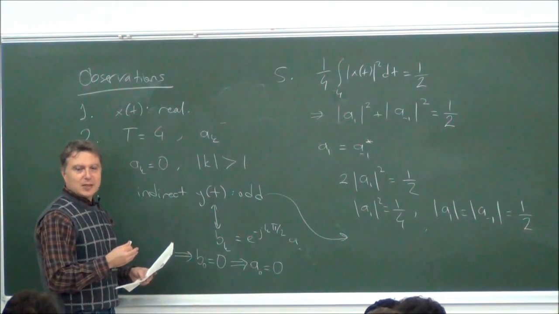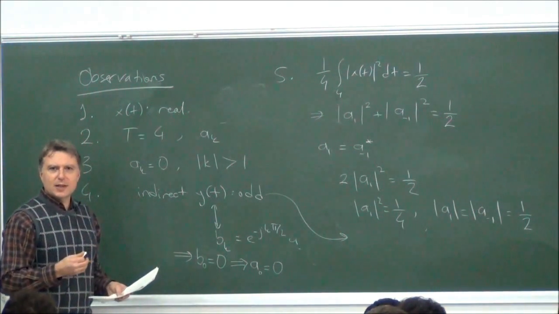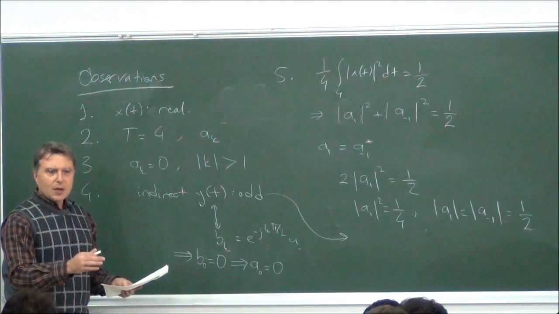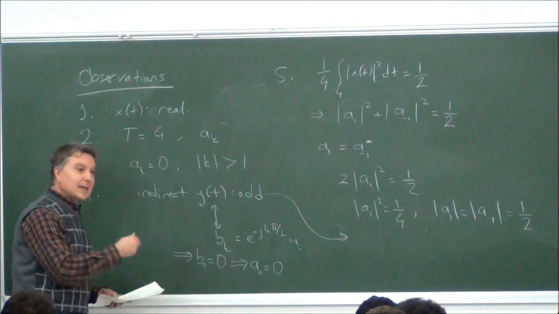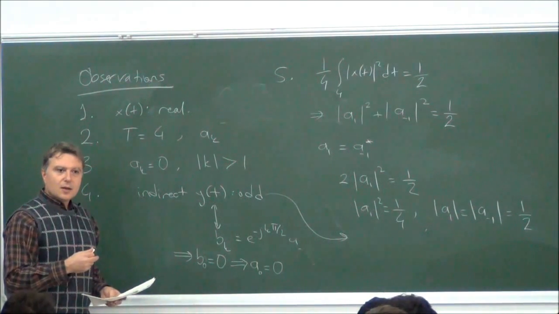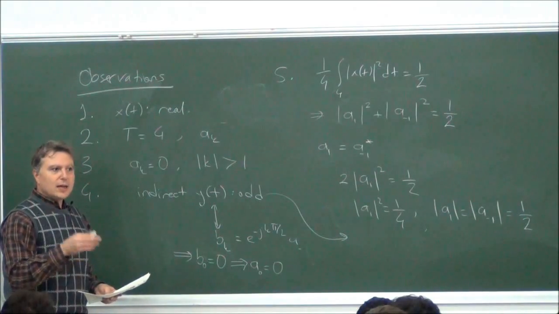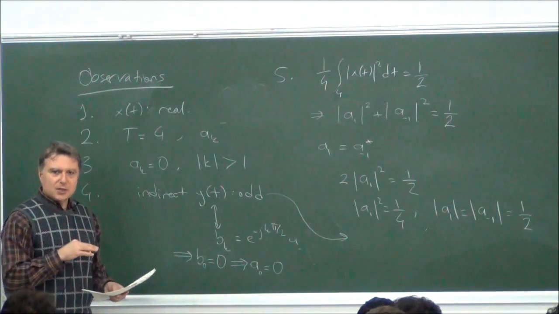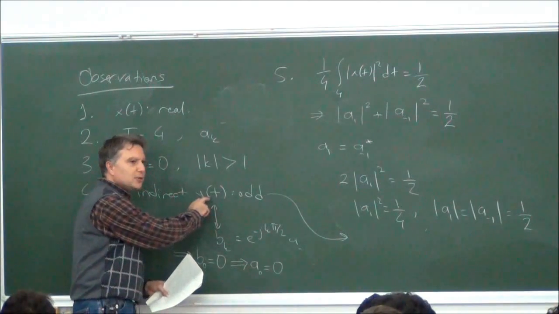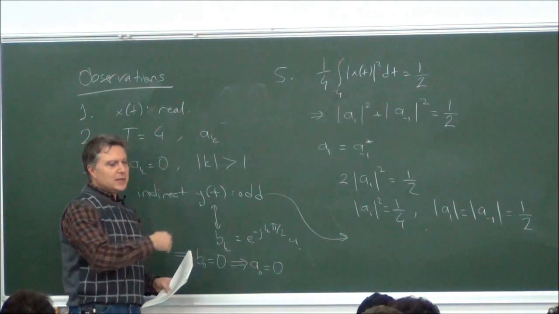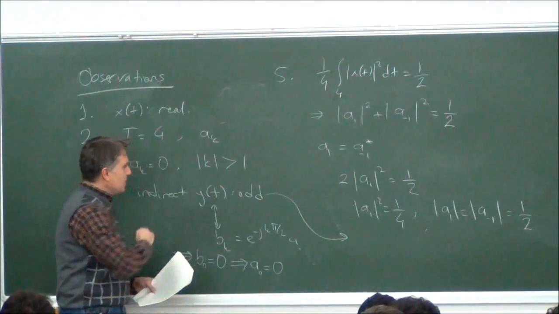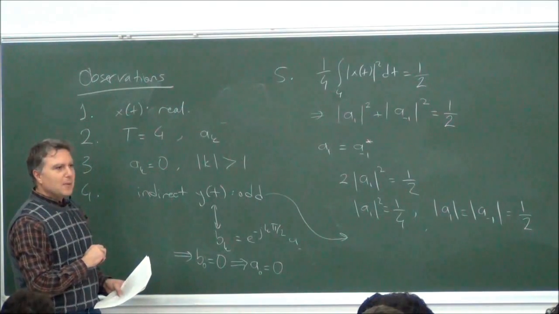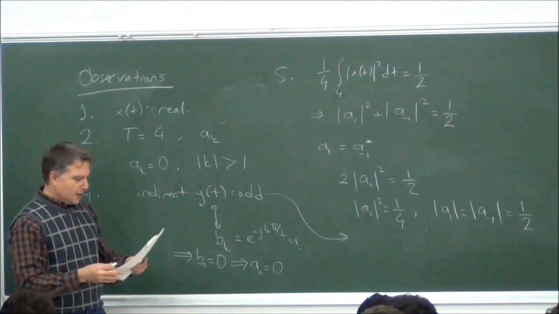A cosine, for example, what are the Fourier series coefficients of a cosine? 1 over 2. What are the Fourier series coefficients of a sine? 1 over 2j. So they are purely imaginary, as you see. The same argument holds here. Y of t is odd, which means the Fourier series coefficients of this thing must consist of purely imaginary numbers.